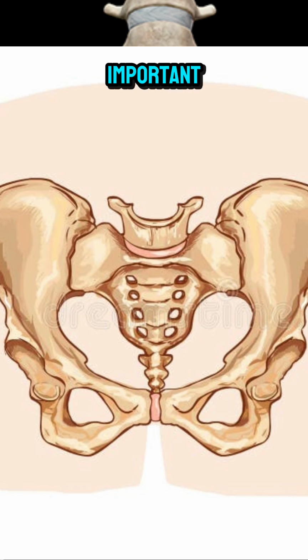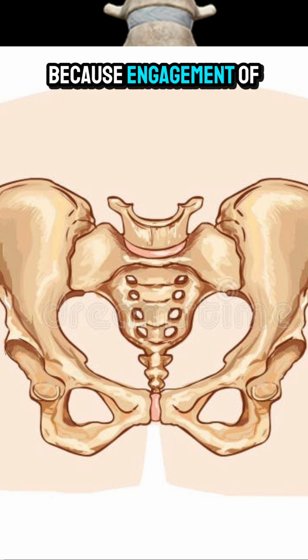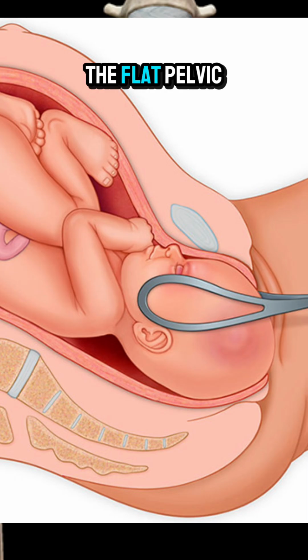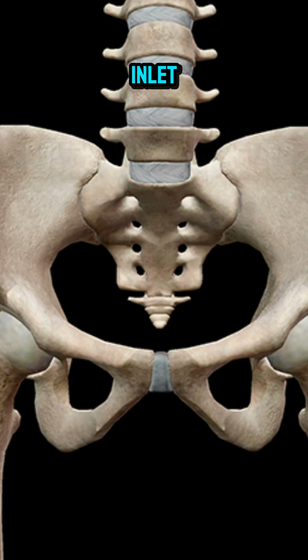It is very important because engagement of the fetal head may be difficult in the platypeloid pelvis and labor may be prolonged. So it is less efficient for childbirth due to the flat pelvic inlet.